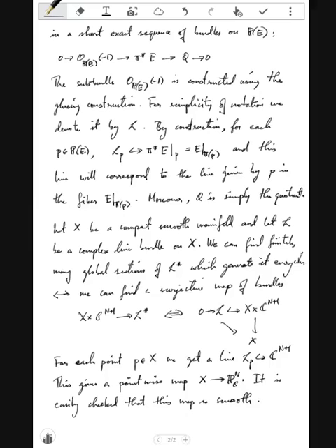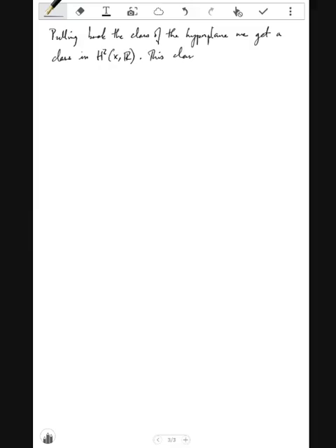In any case, we will see a precise definition of this later. So pulling back the class of the hyperplane, we get a class in H^2(X, R). This class is denoted c_1(L).